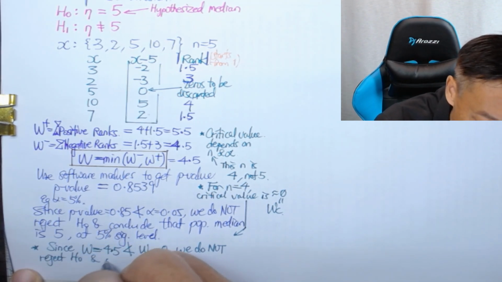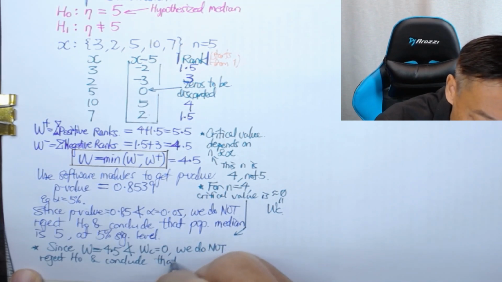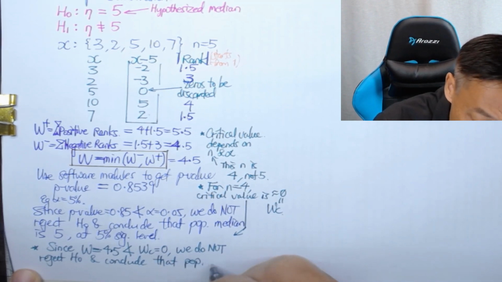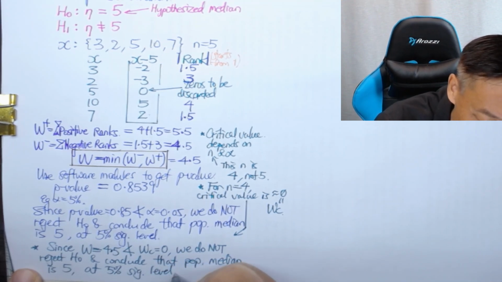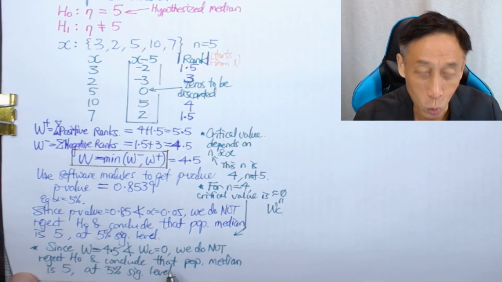Same from here on. H0, and conclude that the population median is 5 at 5% significance level. I feel a necessity to write out the same just to show that it is the same.